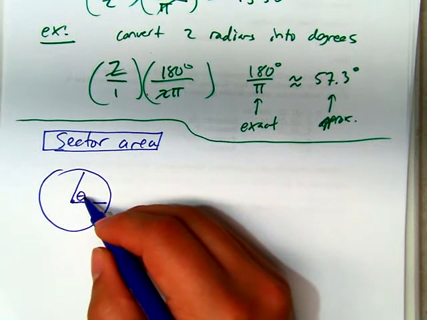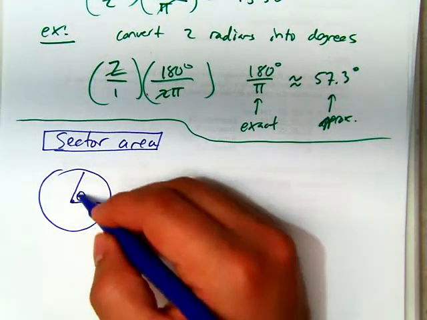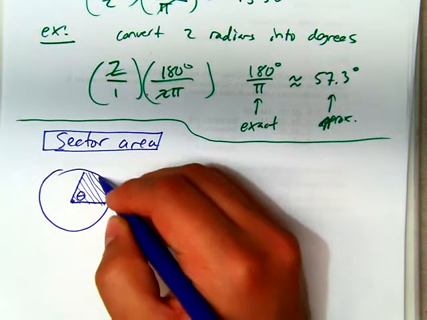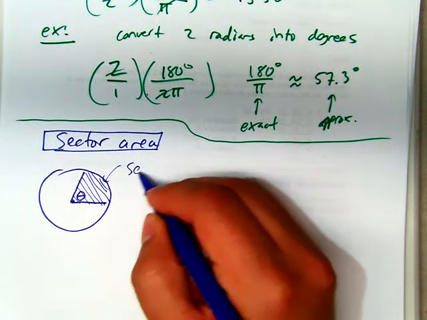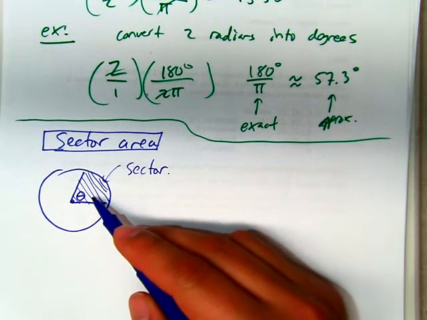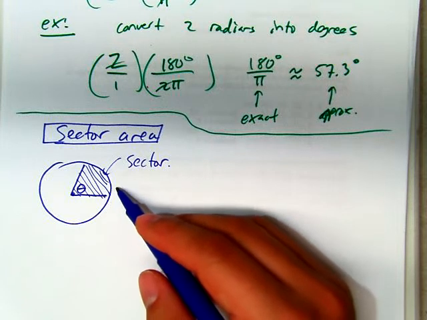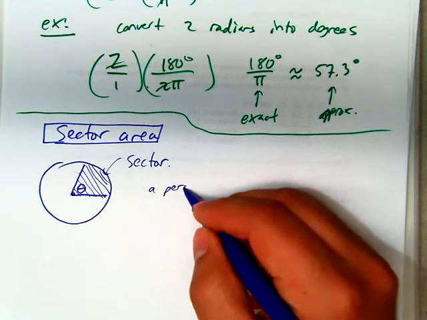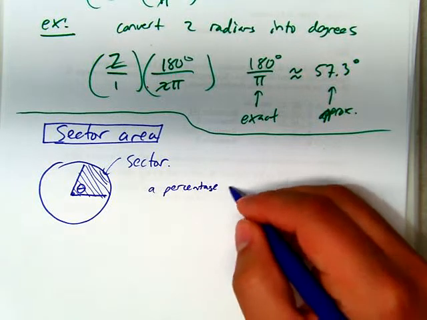Let's say we have a central angle theta. This piece of pie, so to speak, that's shaded in here, this is called a sector. Okay, and if we want to figure out the area of this sector, we can kind of think about this as being a percentage of a circle.